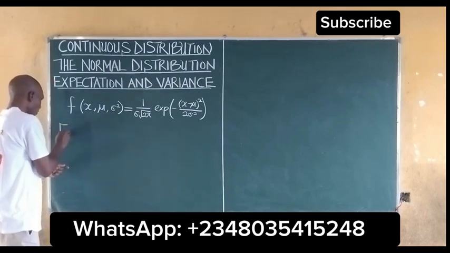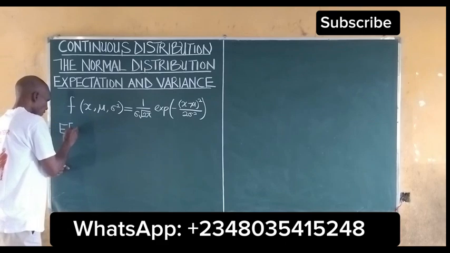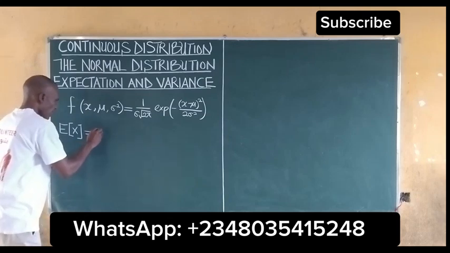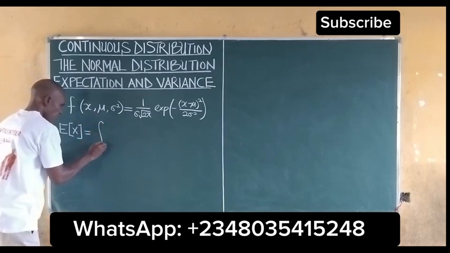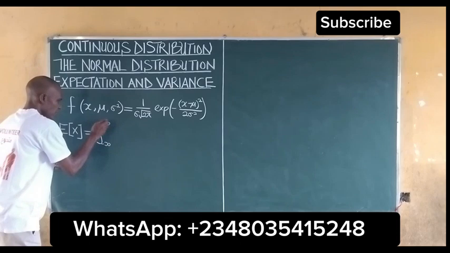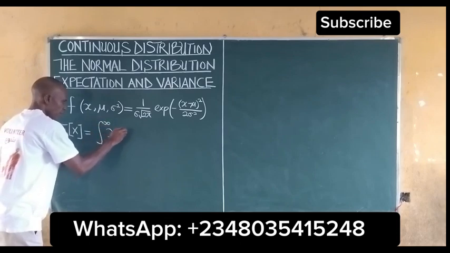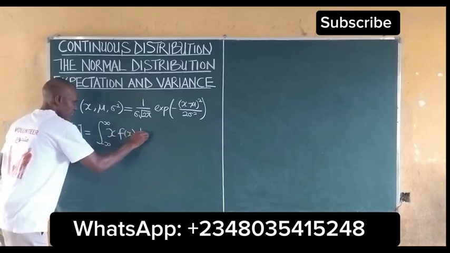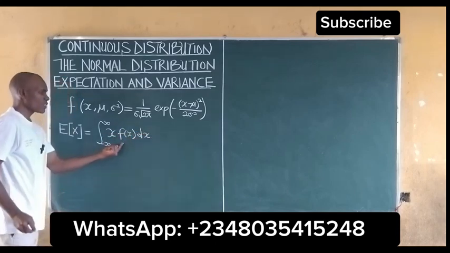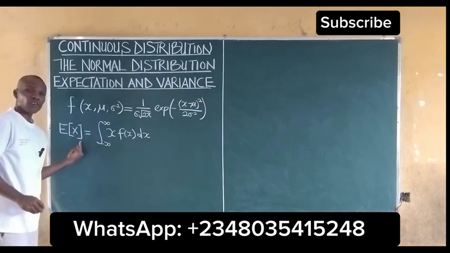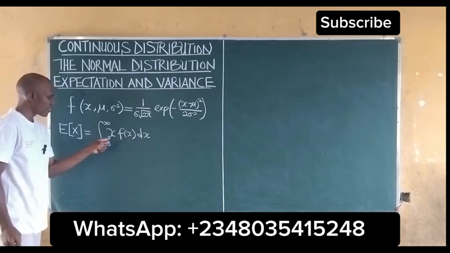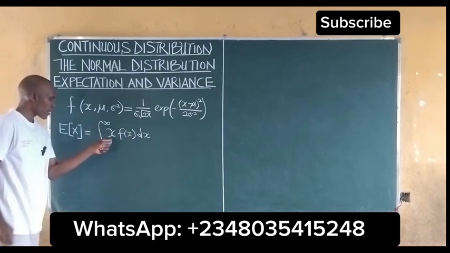First, the expectation of x for the continuous distribution is given as the integral from negative infinity to infinity of x multiplied by f of x dx. So this is the expectation of x, and this is the PDF. So we multiply it by this variable here.